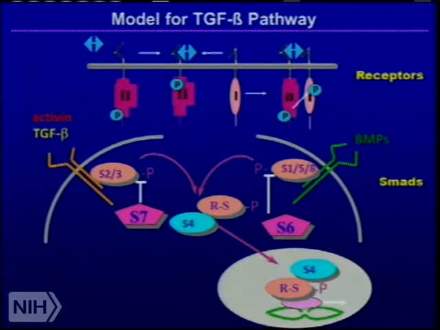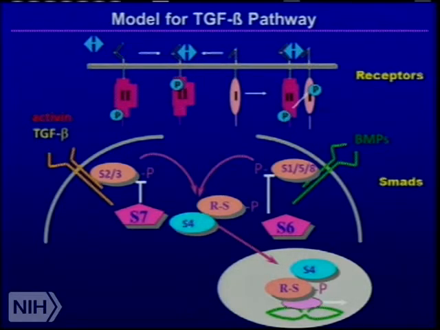It binds the TGF-beta ligand, and the ligand can be either the TGF-beta isoform or BMP or GDF, whatever. This complex then recruits the type 1 TGF-beta receptor to make another more enhanced complex, and the type 2 receptor transphosphorylates the type 1 receptor.